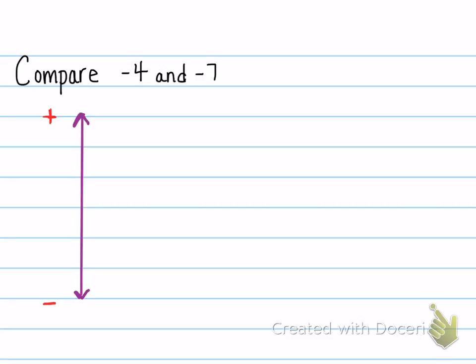Since both of my numbers are negatives, when I draw my lines in, I'm going to start at 0. You don't have to always have 0 in a number line, but I'm going to start at 0, and then -1, -2, -3, -4, -5, -6, -7.